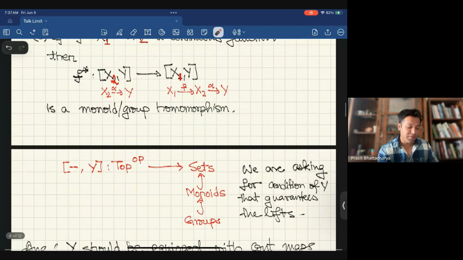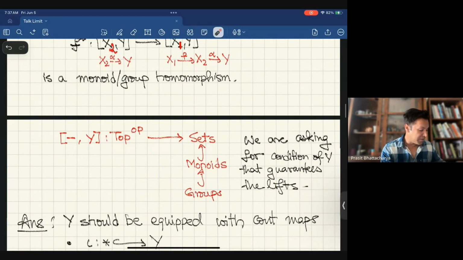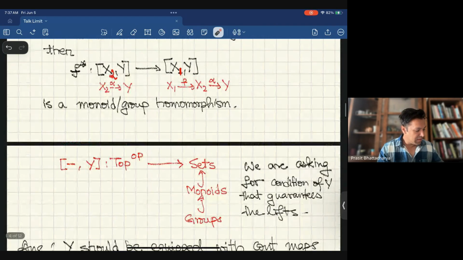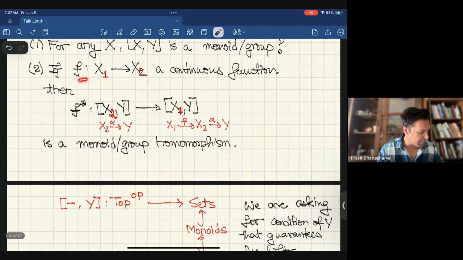Okay, so if you have seen category theory, one way to look at it, I'm not going to use category, but I'm going to use the word. If you look at the world of topological spaces, you see a little op out there. This op is there because you see the reversal of arrows. If I have a map from x1 to x2, you get a map between homotopy classes of maps in the opposite direction, so it changes the direction.